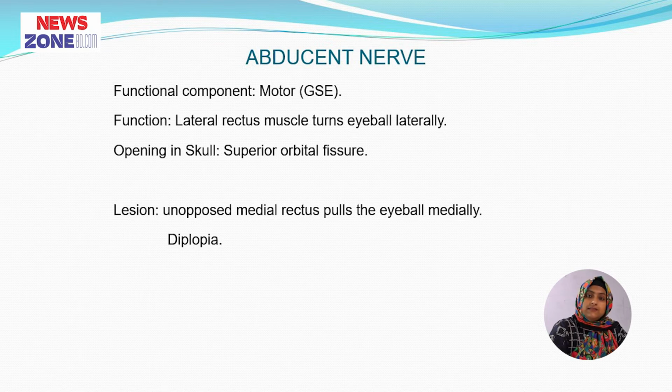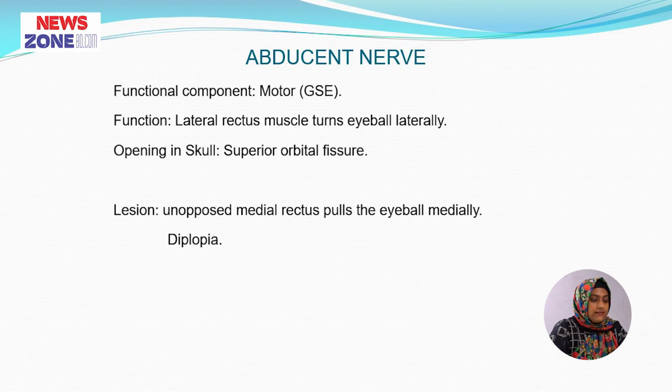The superior oblique is supplied by the trochlear nerve and lateral rectus is supplied by the abducent nerve. So, oculomotor, abducent and trochlear, these all supply the extraocular muscles of the eyeball.